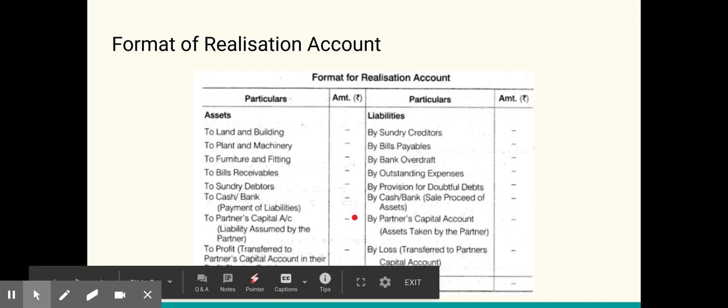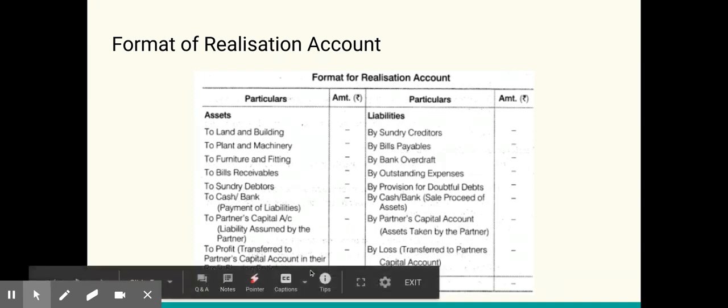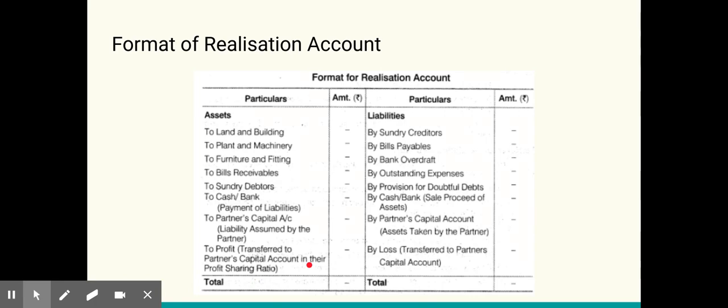This profit or loss will be transferred to the partner's capital account, because ultimately it is going to be shared by the partners only.